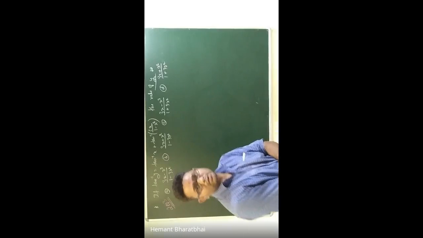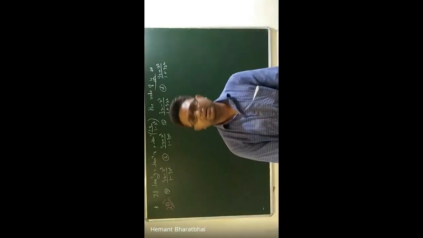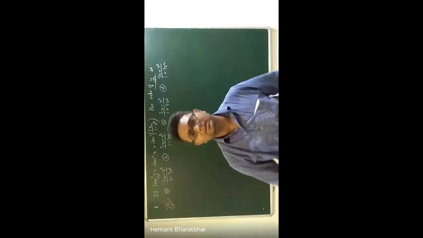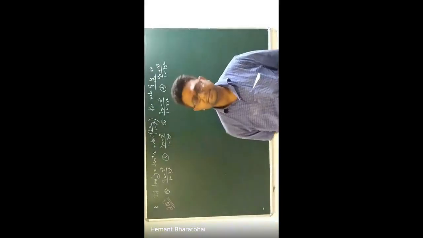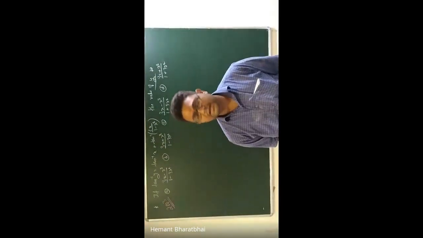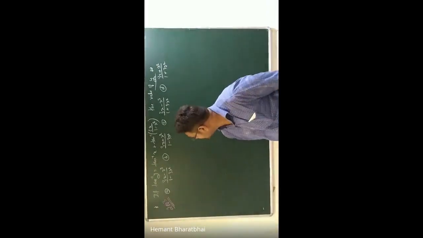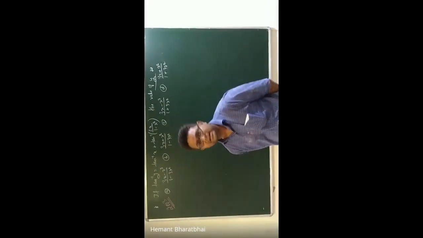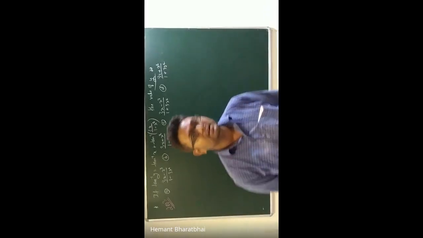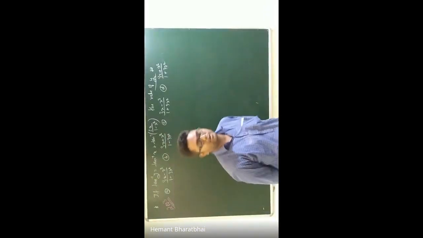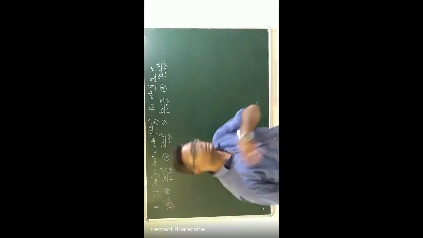Here there are no numbers, so by default you should consider xy is less than 1. When you consider xy is less than 1, tan inverse of x plus tan inverse of y is nothing but tan inverse of x plus y upon 1 minus x into y.